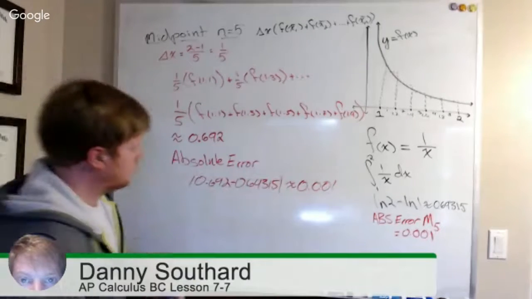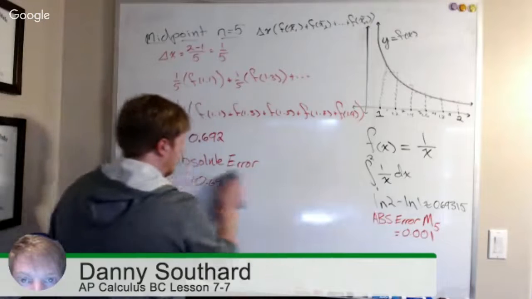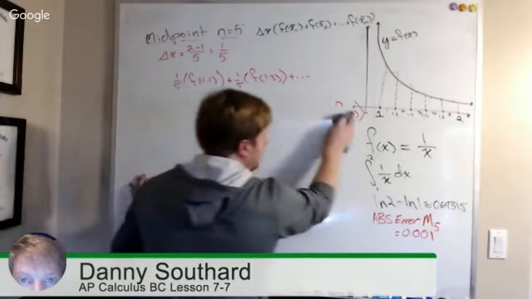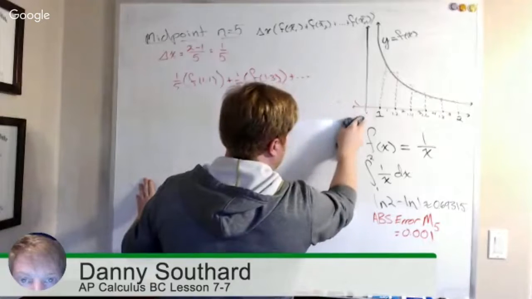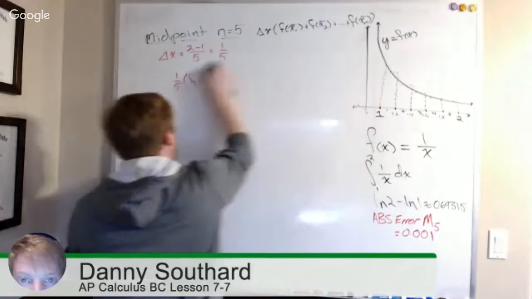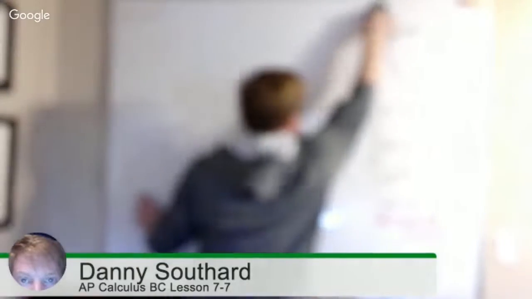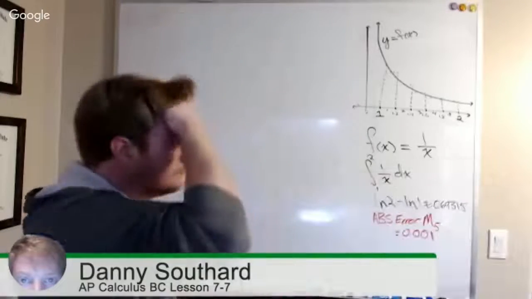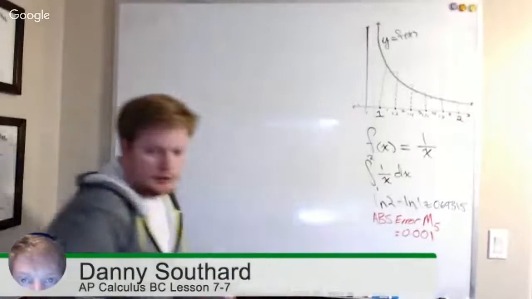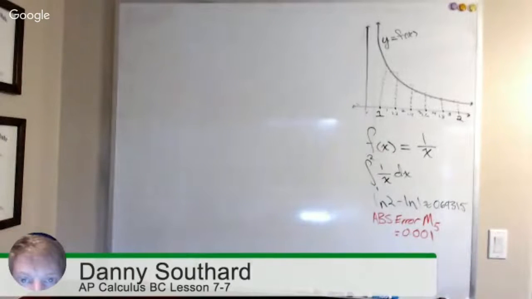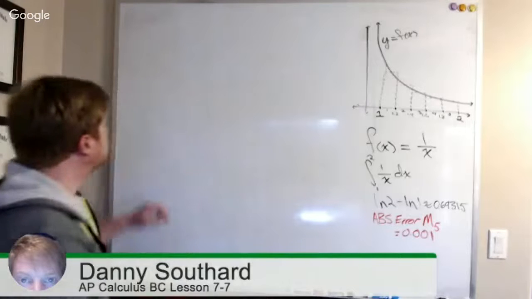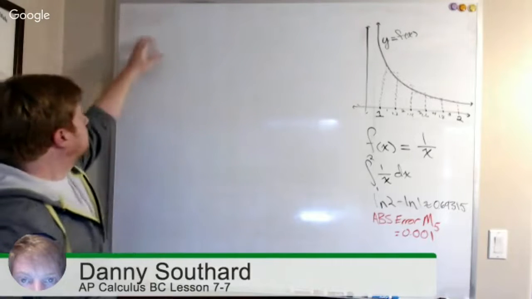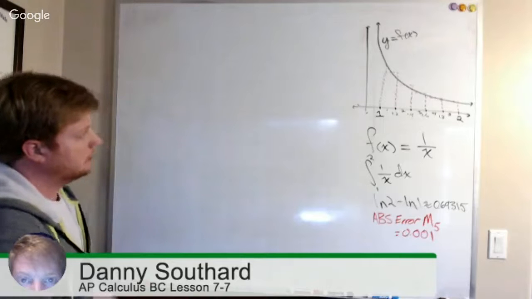We're going to do the trapezoidal rule, and we're going to look at the error for that as well. Okay. Trapezoidal rule we're going to do in blue. Because trapezoids are STAD. Because they only have one pair of parallel sides.